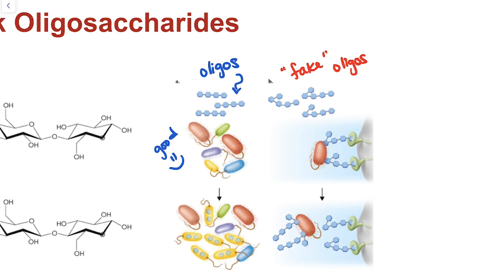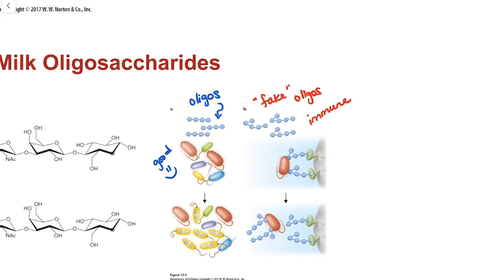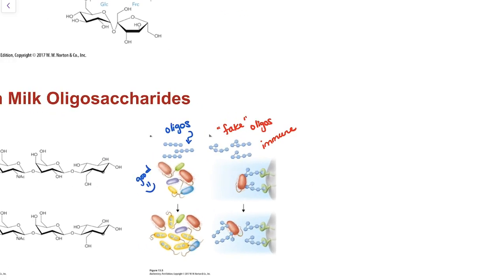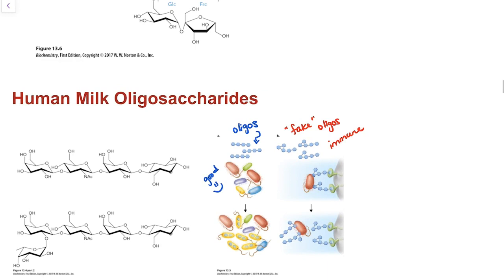And so it helps as part of our immune response. This is also thought to happen within the guts of infants as they drink their mother's milk, or formula from a store that's trying to replicate their mother's milk as closely as possible as well. So there is still a lot of research going on there.